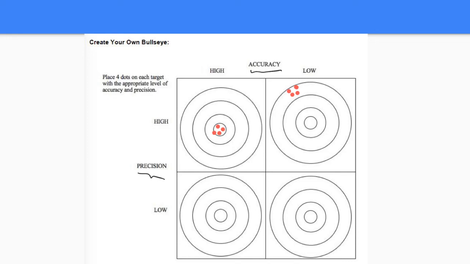Now the next one I'm going to do is high accuracy and low precision. Those are ones that are close to the value, but not close to each other. And lastly, I'm going to do low accuracy and low precision. Those are ones that are all over the place. So hopefully this makes sense and you feel like you better understand accuracy and precision and how we use them with our data sets.